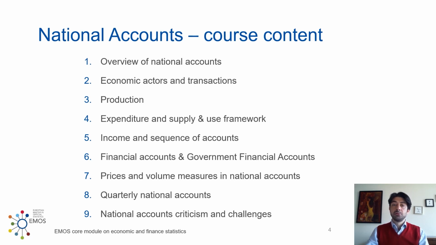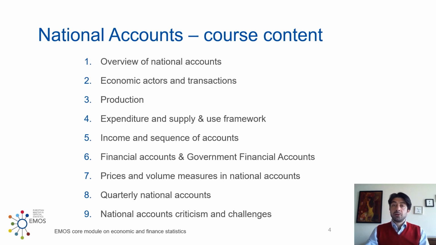The fifth module touches upon the income approach to national accounts and we present the sequence of the accounts. The sixth module goes into the financial accounts and the government financial accounts. The seventh module will discuss price and volume measures in national accounts.